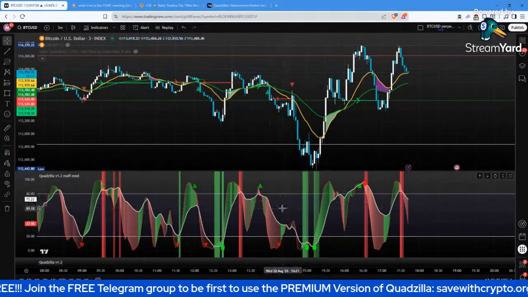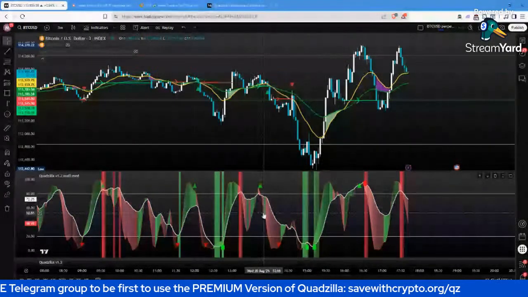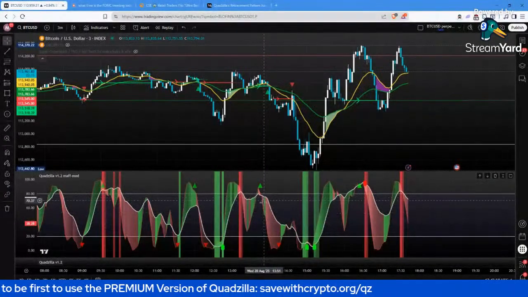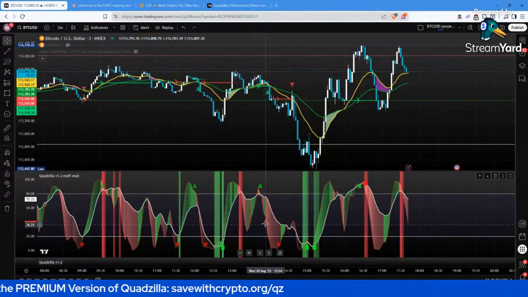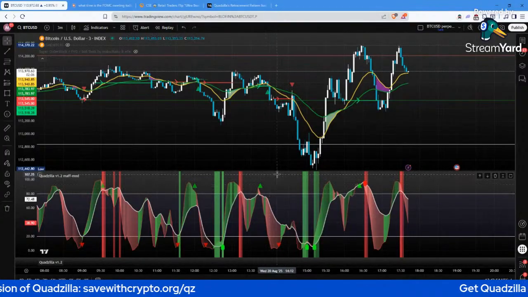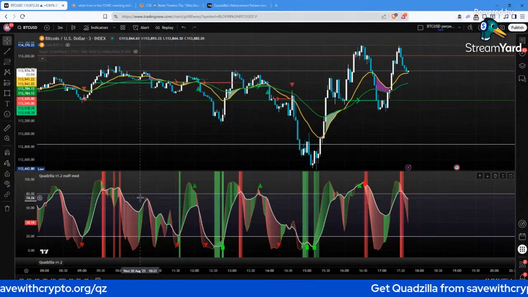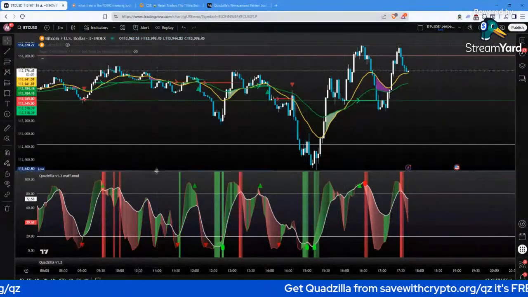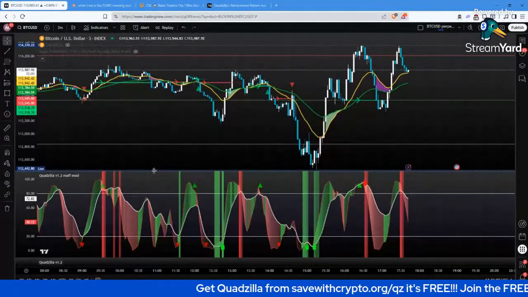What it also does, or the way it decides whether to draw red or green in the first place, is based on the four stochastics.